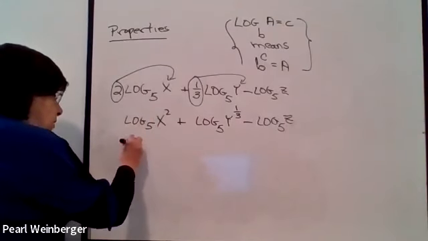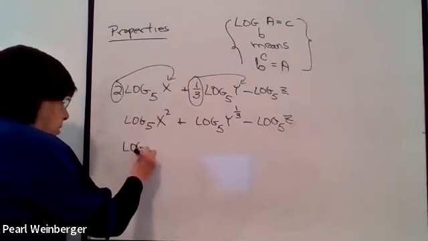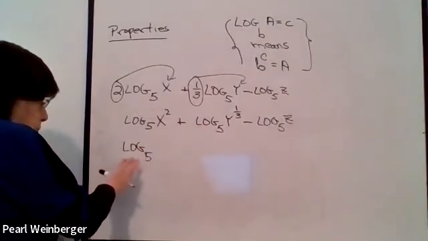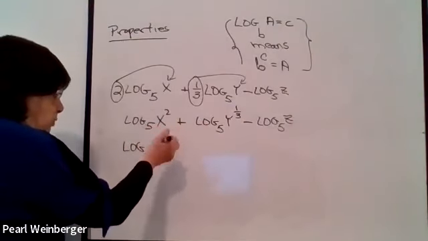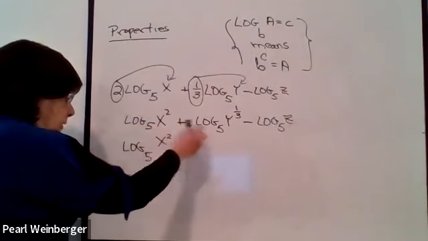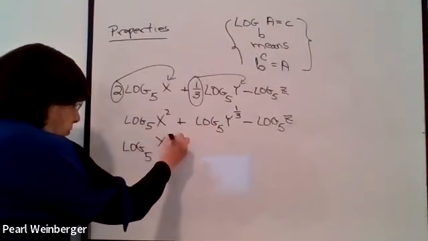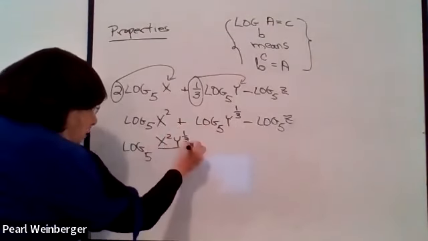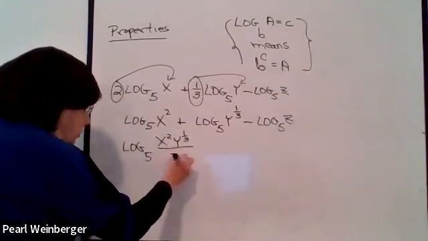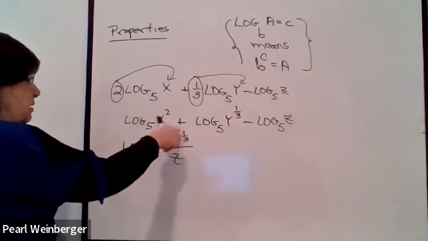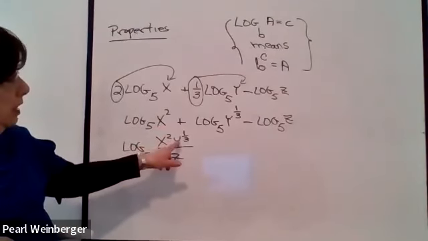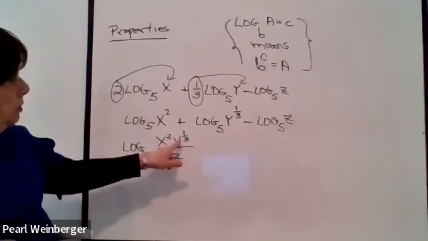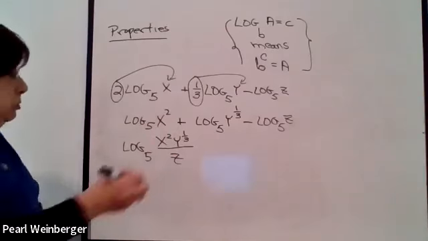So writing this as a single log, this will be log base 5. Now I just write the word log once. I'm going to do the x squared times the y to the 1/3. And this is minus, so that's going to go in the denominator, the z. The only thing is that it looks a little funny having an exponent of 1/3. Remember that the 1/3 exponent is the same as the cube root.